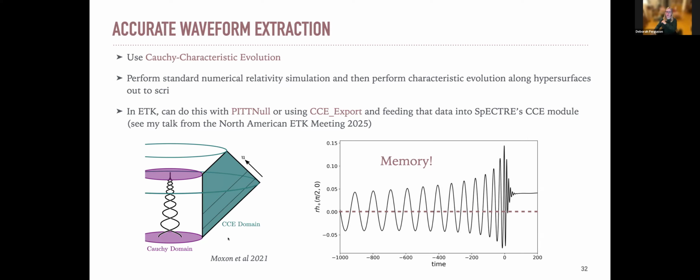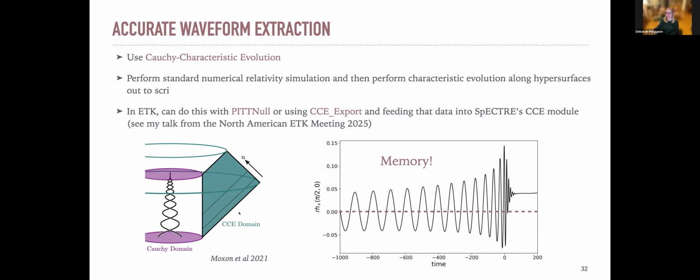Then you evolve in the characteristic domain here, where you perform simulations along hypersurfaces out to scri. It's really just another change of coordinates in some sense, but it lets you evolve all the way out to, for those of you who don't know, scri means temporal and spatial infinity, which is where we actually want it.